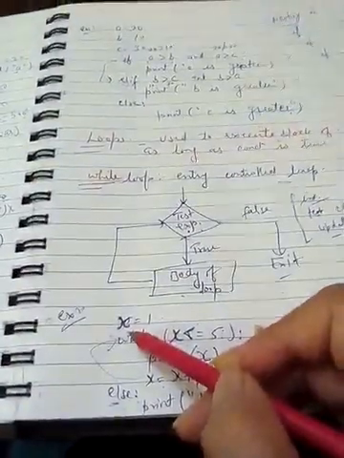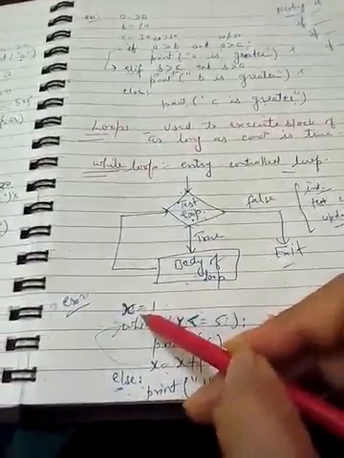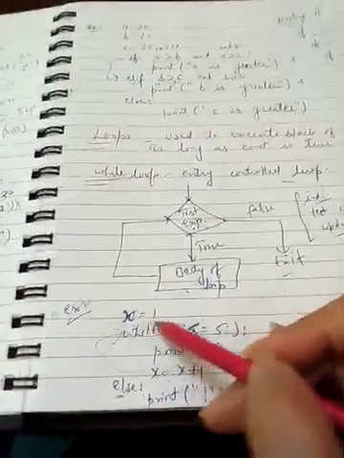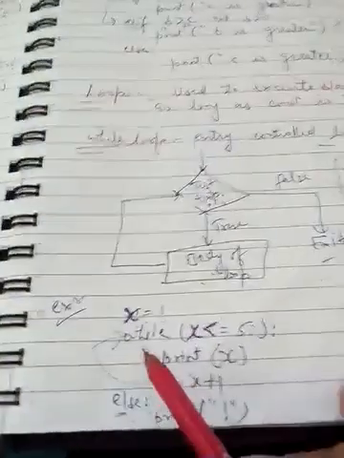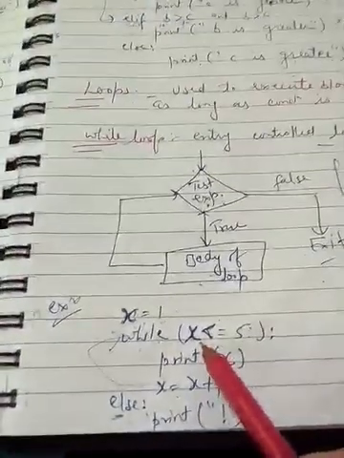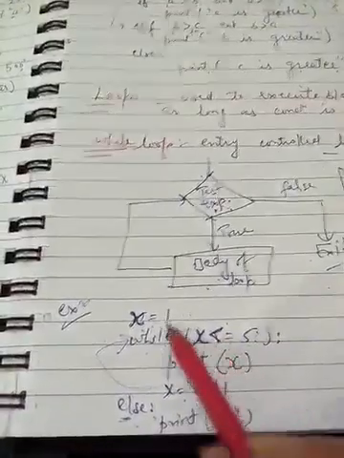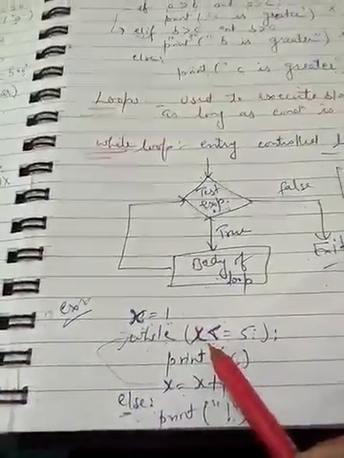Here I am taking x as a variable. I am passing 1 to it, using the assignment operator, so x will have the value 1. Now the while loop: while x is less than or equal to 5, that means it would check the condition 1 is less than or equal to 5, because x is 1.